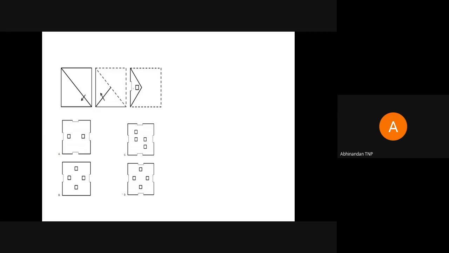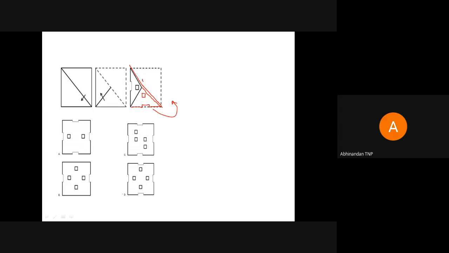Now, as I told you, the manner in which you have folded it, in the same manner you have to unfold it. So first of all, I have to unfold it from this side. Okay, this square will be here, and the patch. Then you have to unfold this total image here.